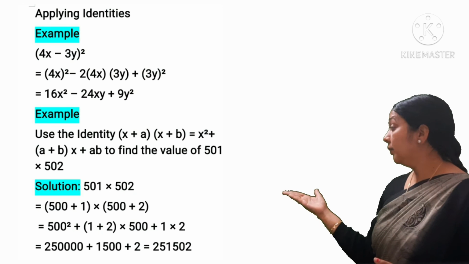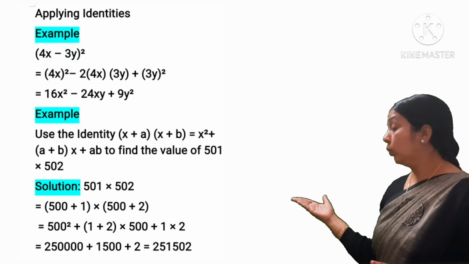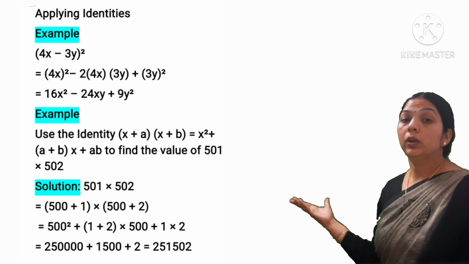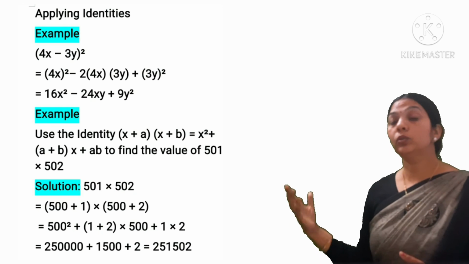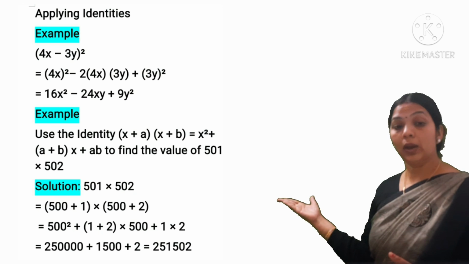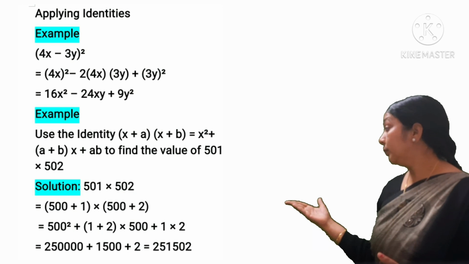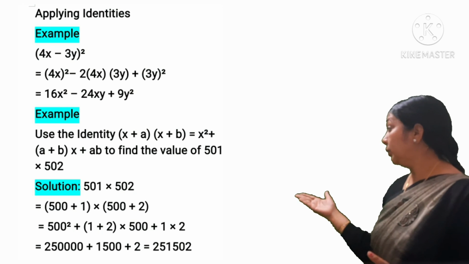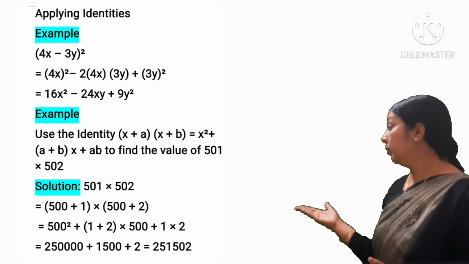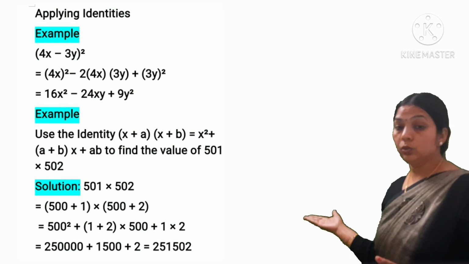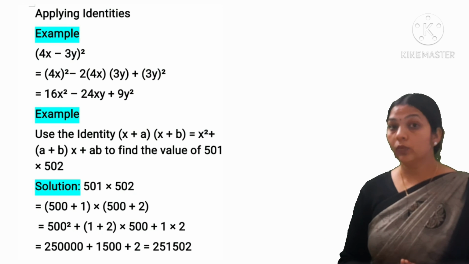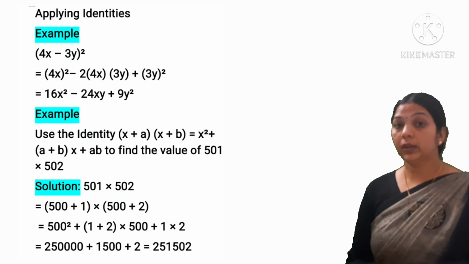So it would be 500 square plus (1 plus 2) into 500 plus 1 into 2. Now, because we can do this orally, 500 square is equal to 2,50,000 and 500 into 3 would be 1500, plus 2. So it would result in 2,51,502, which could be done easily without any calculation.